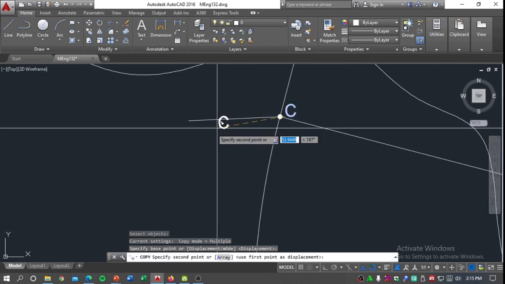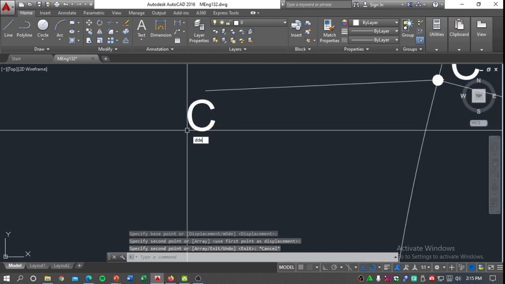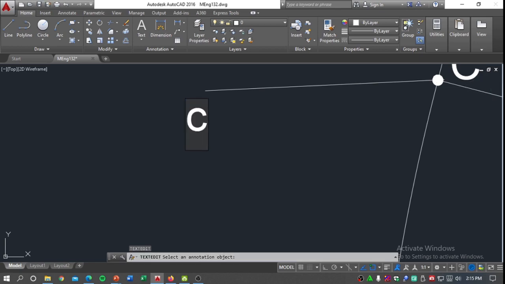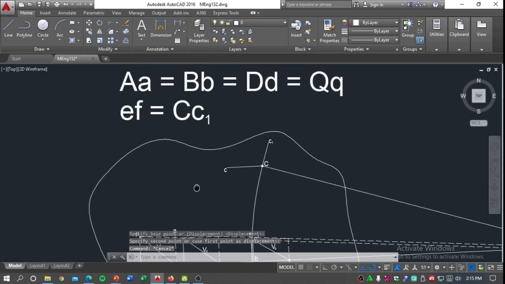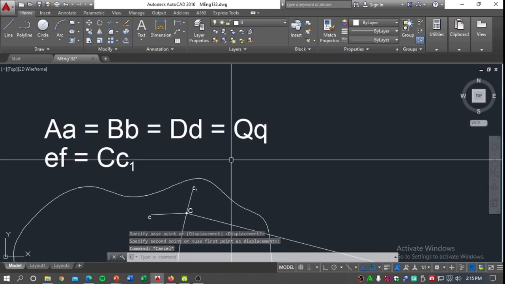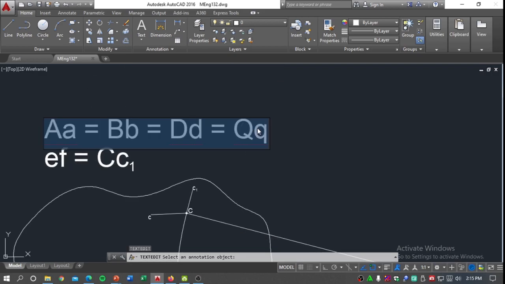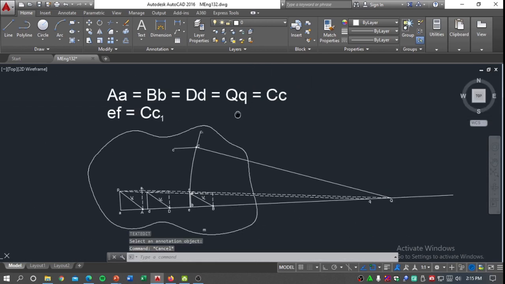Okay, so we have to assign this as point C. All right, so thus we'll have another line to add in this equation. This is CC.